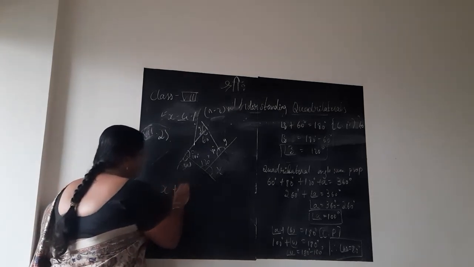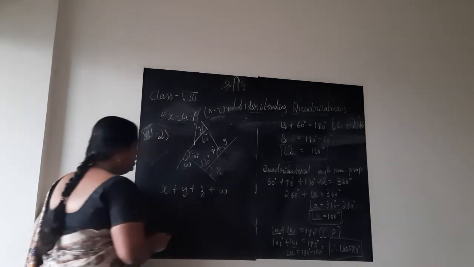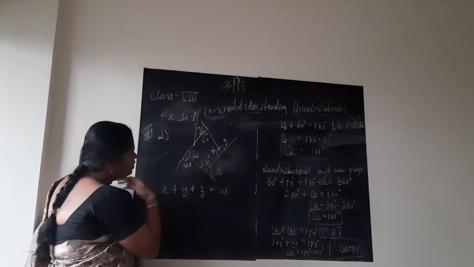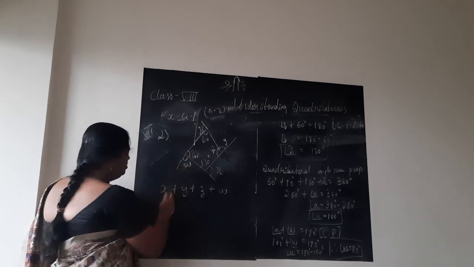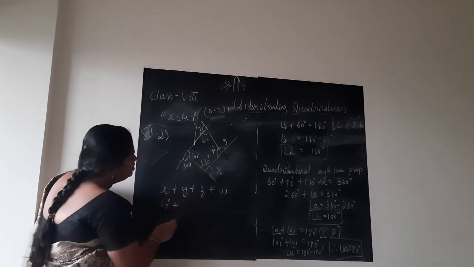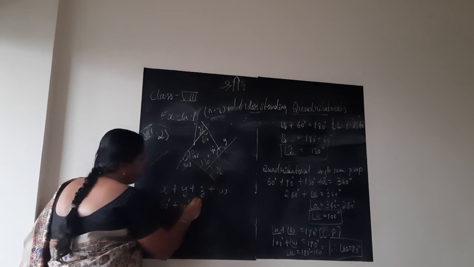So the last step is they have asked us to find x plus y plus z plus W. So we shall find out. X, how much did we get? 180 minus 120, it was 60 degree, plus y, which I erased. 80, it was 100 degree.